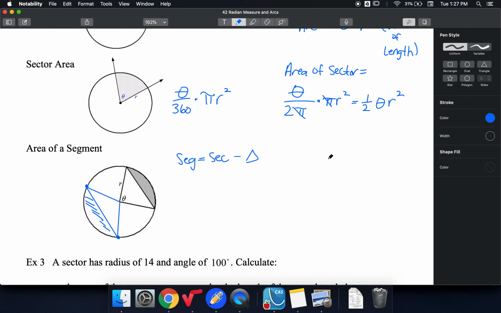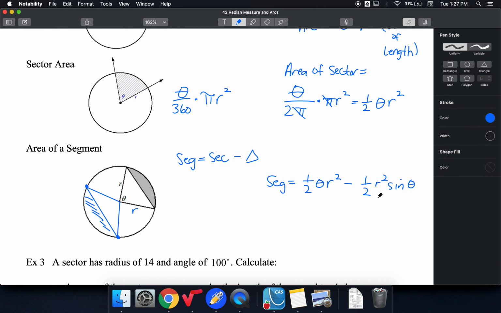I'm just going to go straight to using radians. So my segment area is going to be my sector area, which we just said is 1/2 theta r squared, minus the area of a triangle, which is 1/2 length of side, so r squared, times sine of theta.